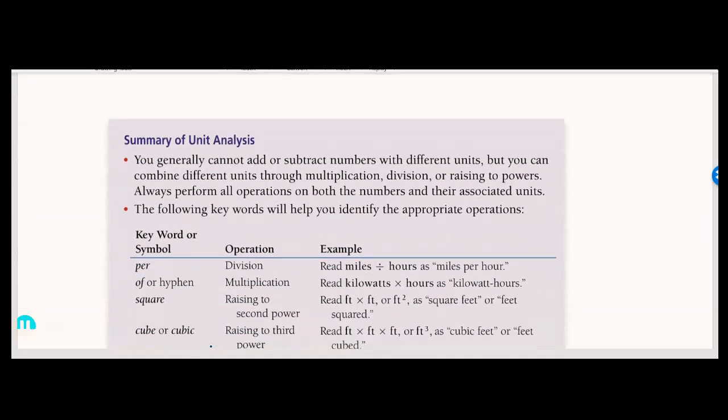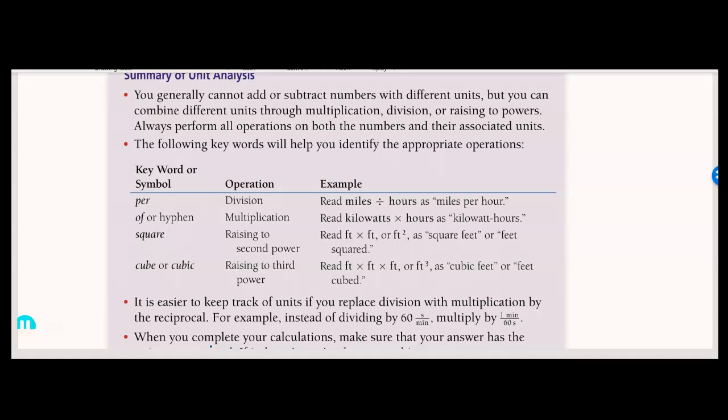All right, let's go down to our next part. Now, what I have here, and these would be in your notes too, is a summary of just keywords for you to look at. I'm not going to read this whole thing, but that's for you to look over. But it's basically just giving you keywords. If I wanted miles per hour, well, that would be division.